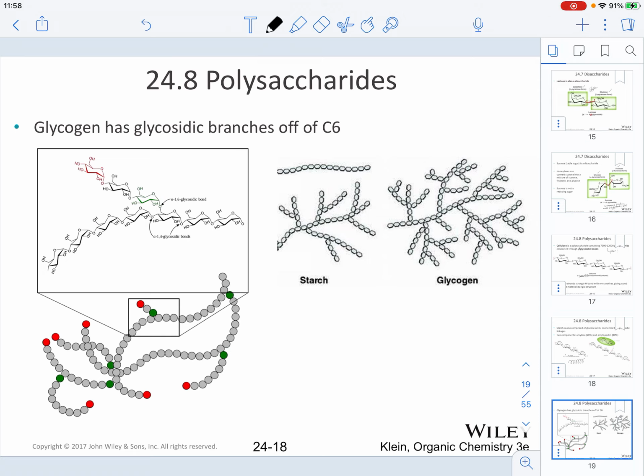Moreover, there is a molecule that is called glycogen, and it is also known as animal starch, because one of the biomolecules that we are able to store is glucose, and we do it in the form of glycogen. Now, the glycosidic bonds that constitute glycogen are very similar to those of amylopectin.